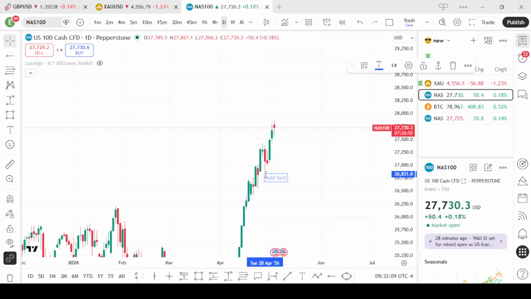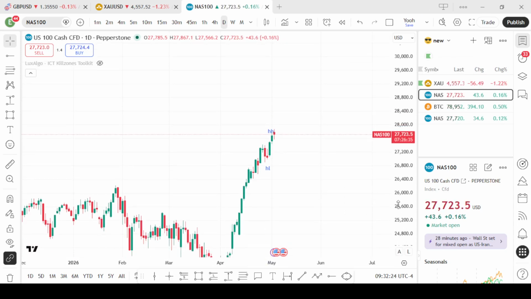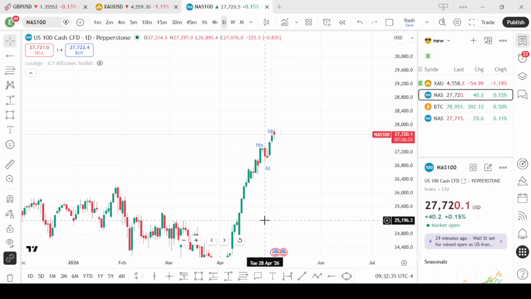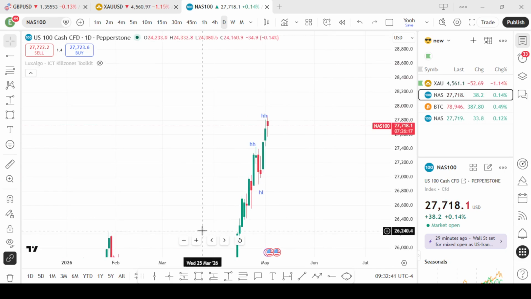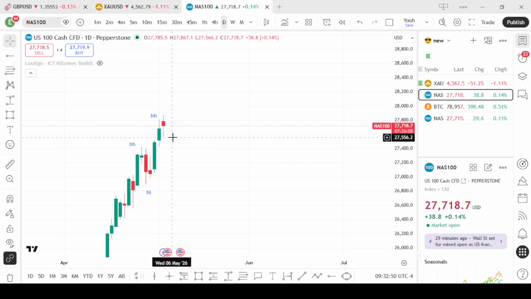So this is our higher low, and we are currently forming our higher highs. This is higher low as well, higher high. It's been so bullish, so we can just mark that out and concentrate on this. So this is our indication. We are currently on the indication on the daily.